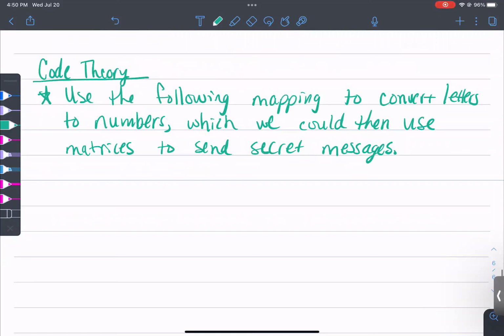So our mapping, I'm going to write parts of the alphabet here, and I'm going to skip and pick back up with W, X, Y, Z.